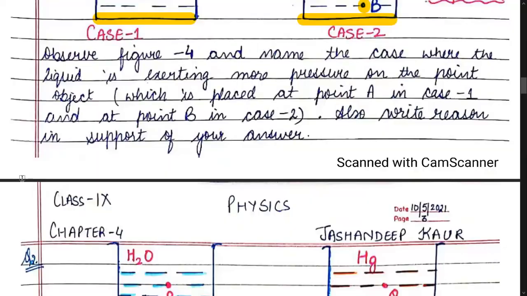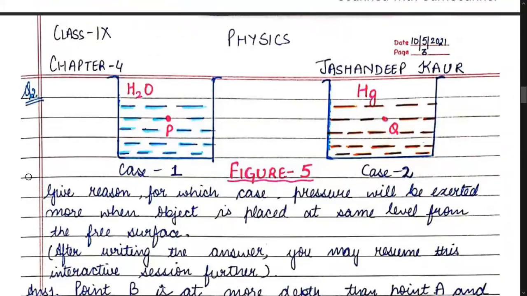So this is your first question, and then I'm giving you one more question. That is question number 2. In figure number 5, again, you can see two cases, two containers, and there are 2 points marked at same level, point P, point Q. Both are marked at same level, but the liquids inside the containers are different.